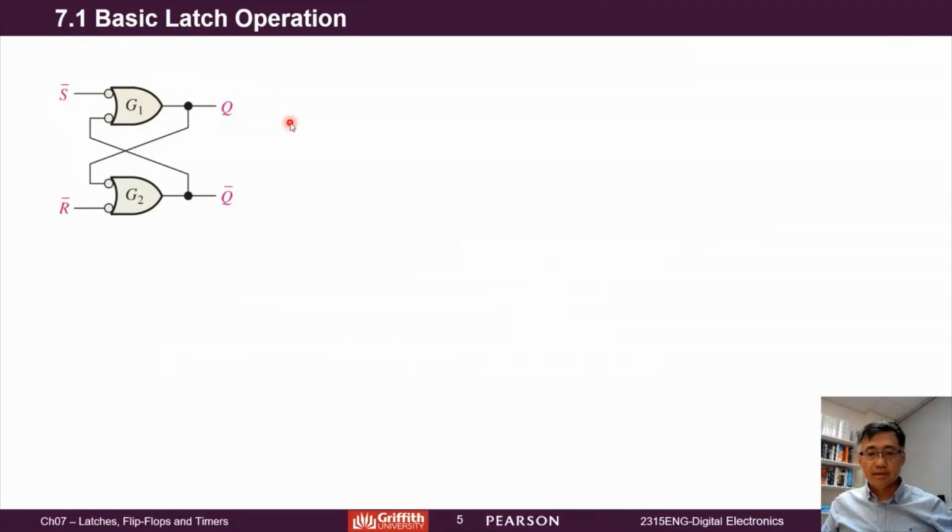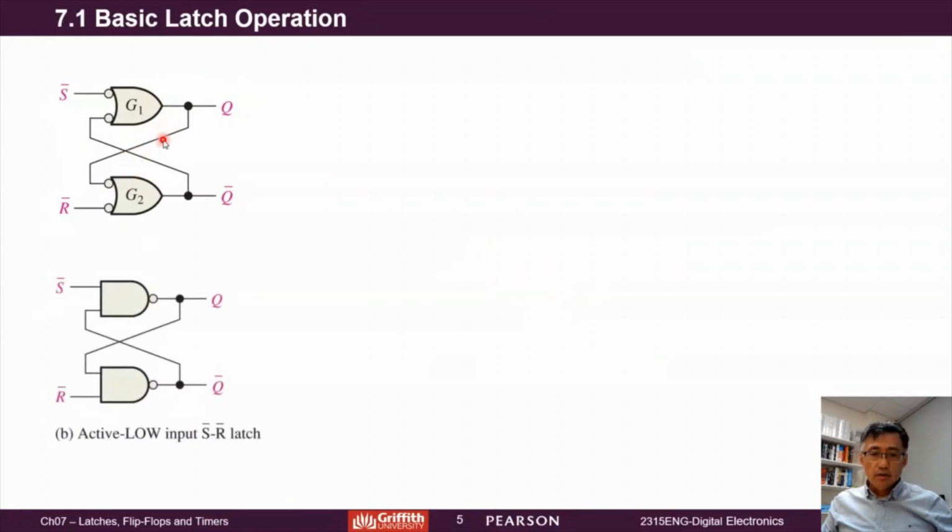Now we want to test whether it really is no change or not. Okay. So can you tell me whether these two circuits are the same or not? Any ideas? Seems two different logic gates there. Okay. Any answers? Are they the same or not?